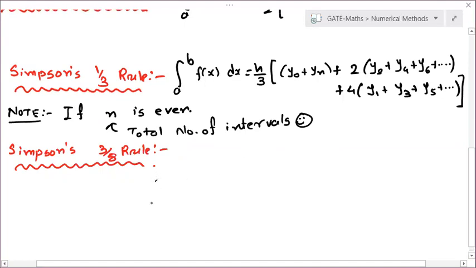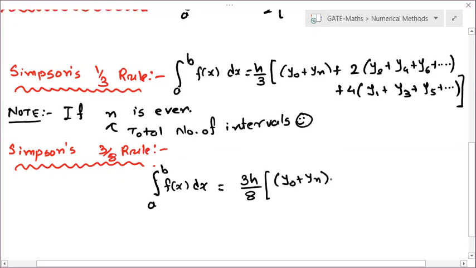So now Simpson's 3 by 8 rule. Integral a to b f of x dx will be 3h by 8 [y0 plus yn], plus again 2 times, and here, instead of the 4 I took in the above formula, I will take 3.